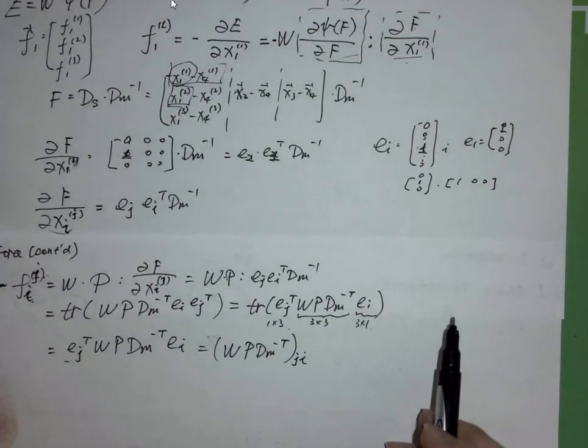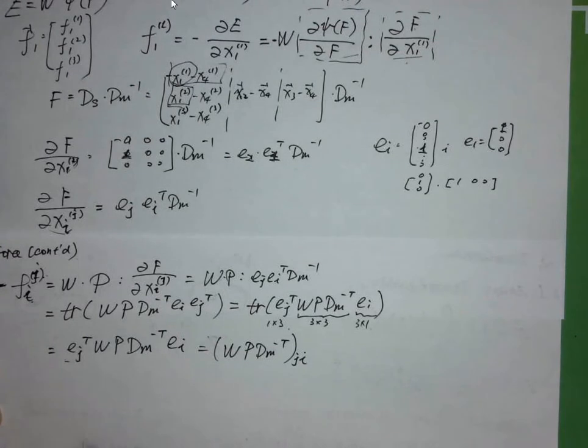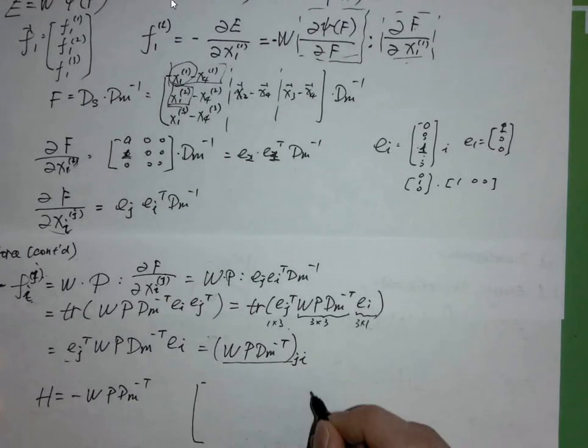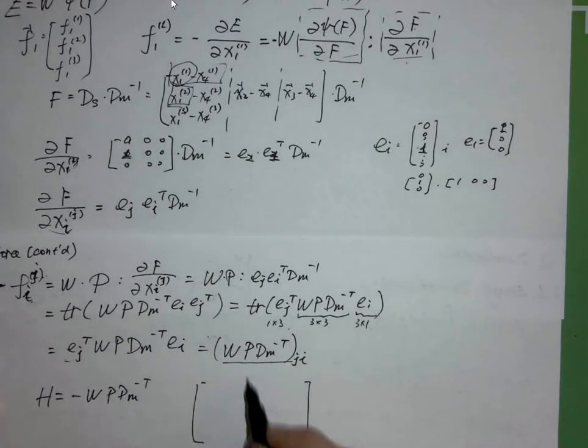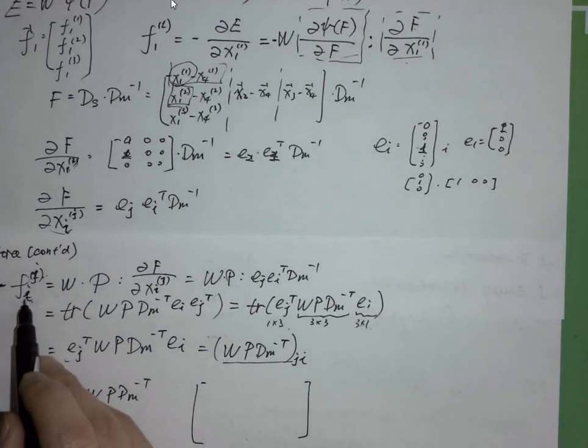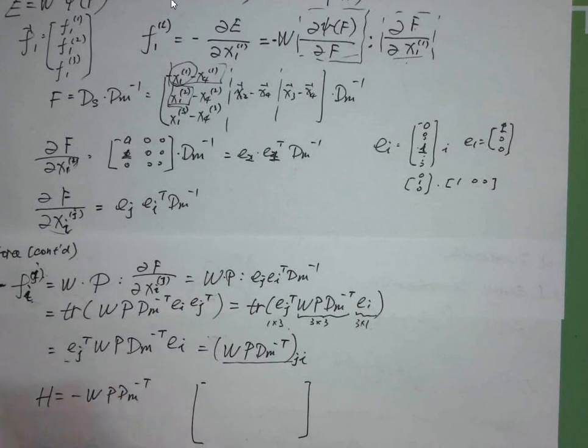Okay. So this one is pretty nice because we know this one is a 3x3 matrix. So we just need to compute it once. And let me say H is negative WP Dm inverse transpose. So this is my H matrix. It's a 3x3 matrix. And the jth row and ith column is actually the force on the ith vertex on the jth part, right?